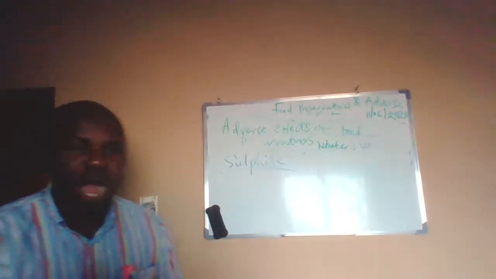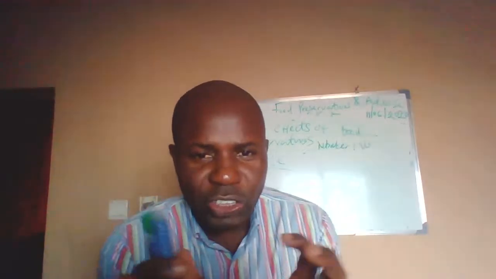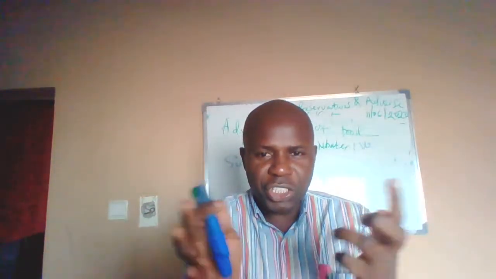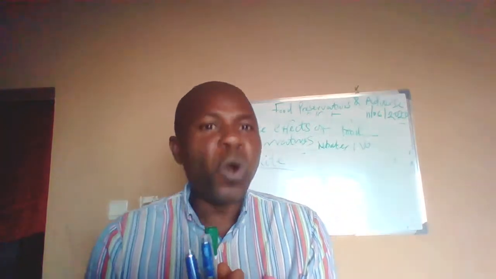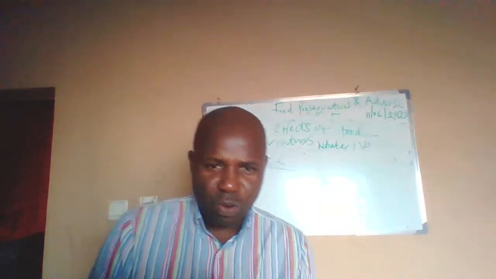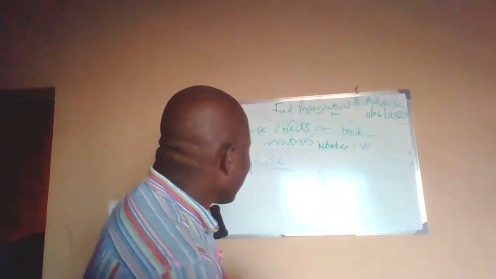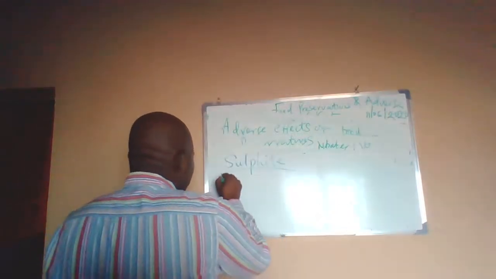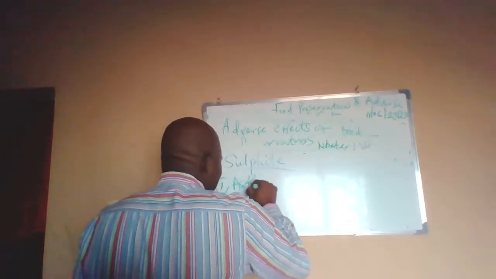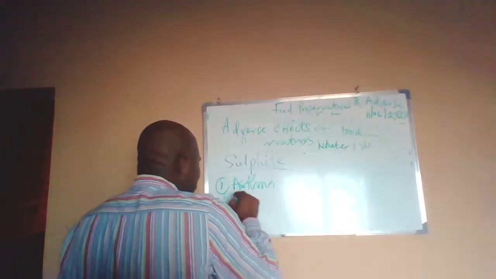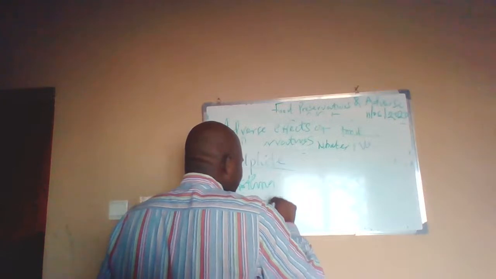When you're taking your wine, try to look at the information that is always displayed at the bottom part of your wine. Sulfite is one of the food preservative substances being used, and sulfite has been associated with asthma and bronchospasm.